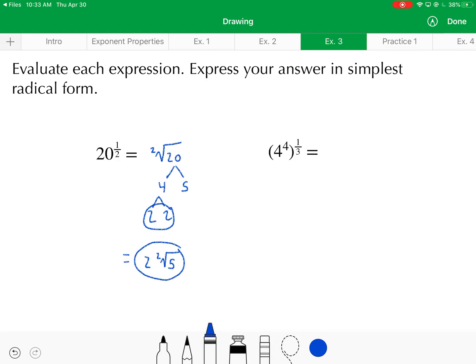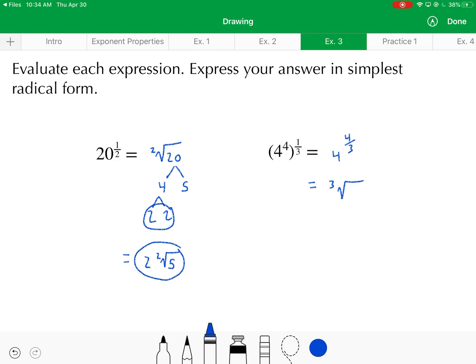All right, lastly, 4 raised to the 4th power, then raised to the 1/3 power. So here's where another property of exponents can come into play. We could multiply the power of 4 with the other power of 1/3. And that's going to make this 4 raised to the power of 4/3. Okay. Now I go to radical form, and I have one of two options.